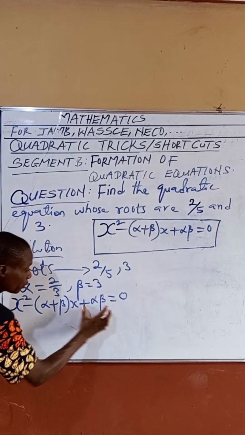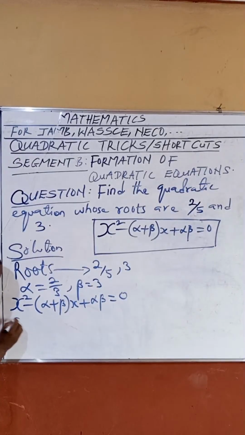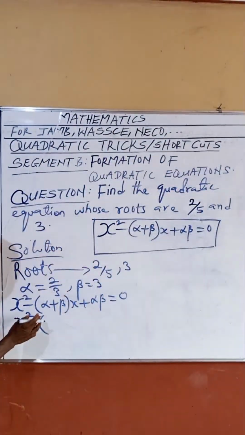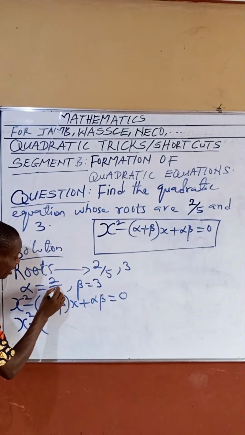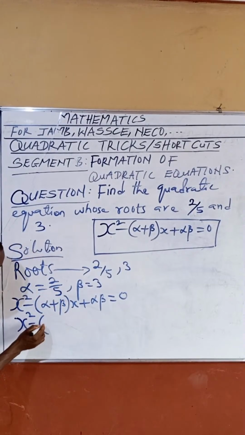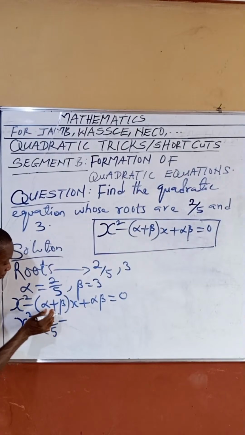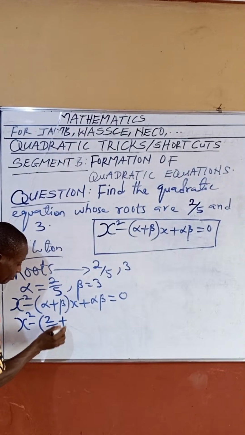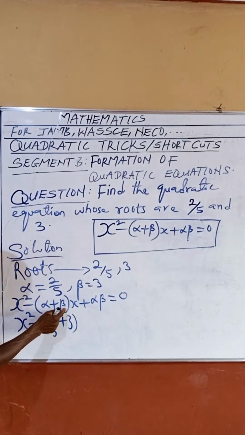So now, can we substitute? Yes, let's do it. x squared minus, what is our alpha? Alpha is 2 over 5. Sorry, I think I made an error here. Alpha is 2 over 5. Then our beta is 3, so that's plus beta.